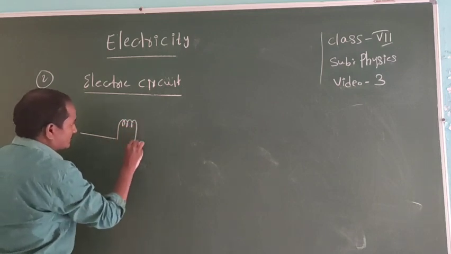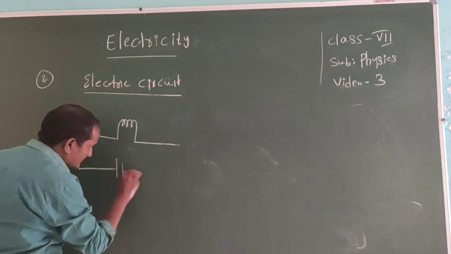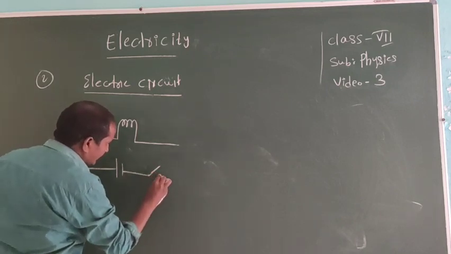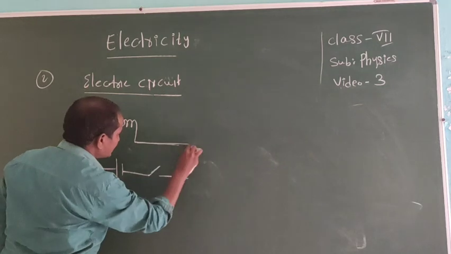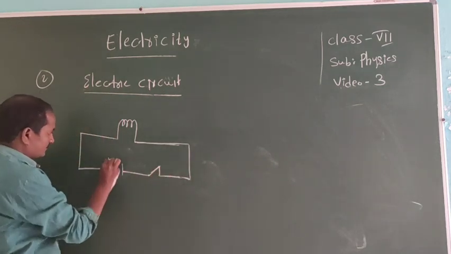It is a bulb. It is a cell. It is a switch. Here, the switch is closed.